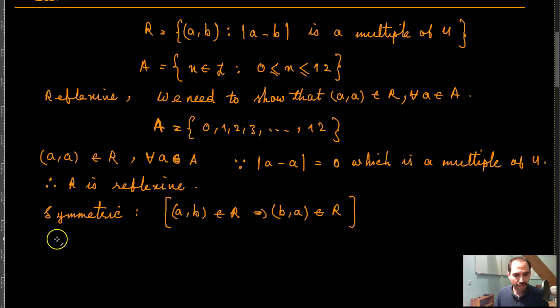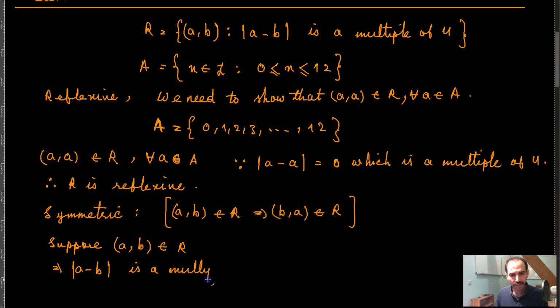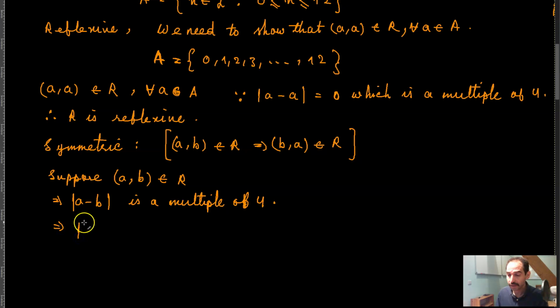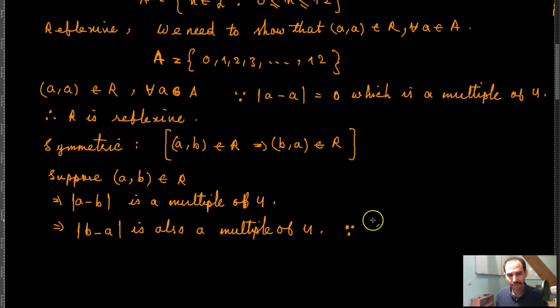So suppose that some A comma B belongs to R. That implies that the absolute value of A minus B is a multiple of 4, and that implies that the absolute value of B minus A is also a multiple of 4, because the absolute value of A minus B is equal to the absolute value of B minus A. They are the same value, so there is no difference between the two.